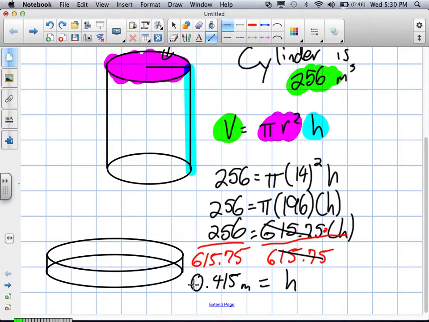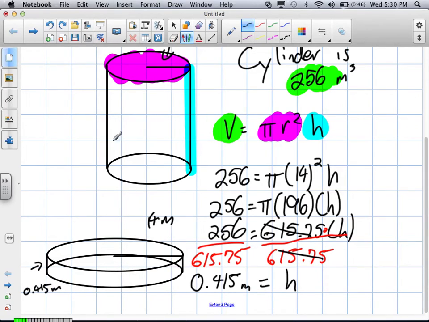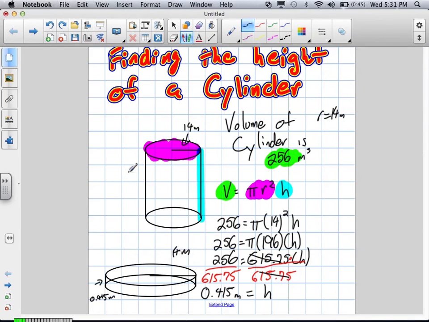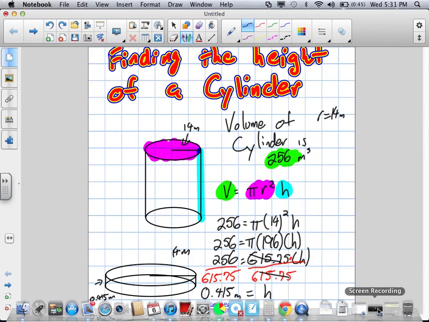Now that's still 500 centimeters, but we're looking at an object like that. This part here is the radius, which we already know is 14 meters, but the height of the object is 0.415 meters, so it's actually quite small compared to the 14 meters. So that's the type of object we're looking for. Does that make sense, how to isolate h? Yeah?